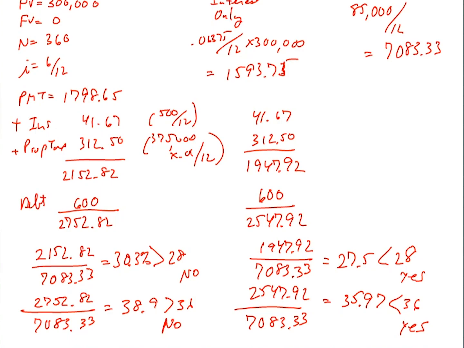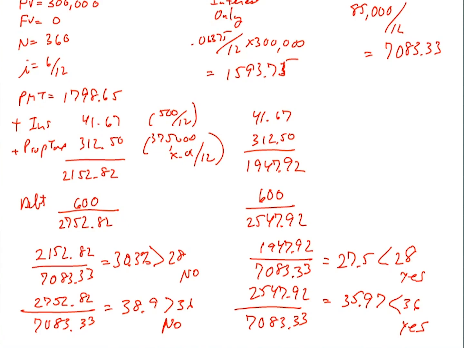So you'll see here, first on the left-hand corner, we had to figure out what's the payment of borrowing $300,000, fully amortizing, so the future value is 0 for 30 years, so 360 is N, at 6%, so 6 divided by 12 is our interest rate, and we see the payment would be $1,798.65.